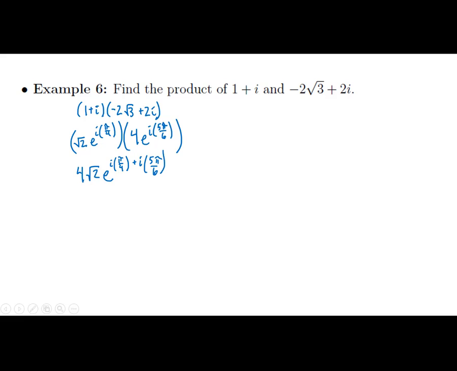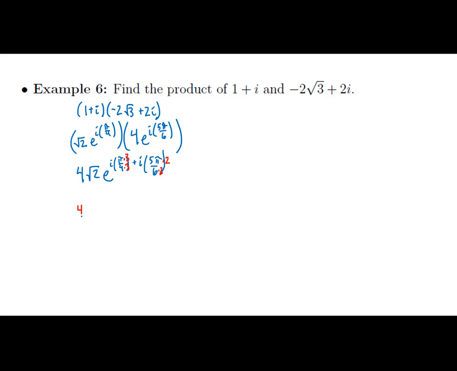All right, now if I'm going to add those in a meaningful way, then of course I'll need a common denominator. So that would be 12. So I'm going to multiply the top and bottom of this one by 3 and the top and bottom of this one by 2.